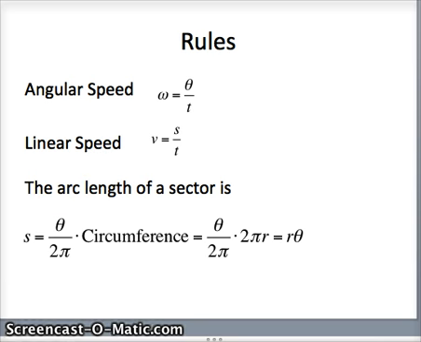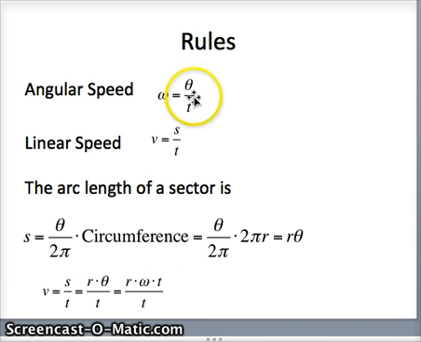What will v be in that case? So indeed, v is s over t, and s is r theta. So now we have v is r theta over t. But now we have to ask ourselves, what's theta? You can see up here, if we solve for theta, multiplying both sides by t, omega times t is theta.